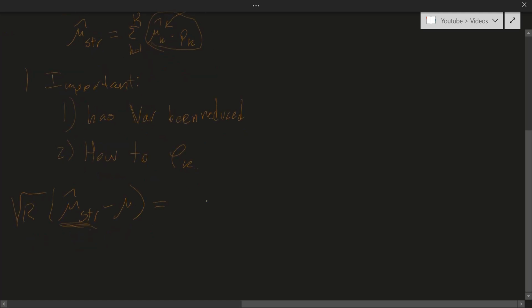But what we can do is write this as square root r, sum large k equals 1, pk mu k hat minus mu k, and then we can write this out using the law of total expectation.